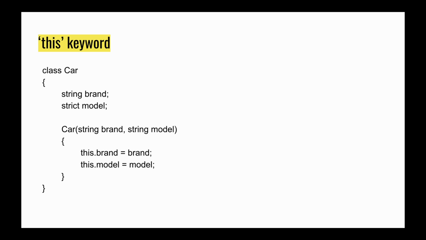And to distinguish parameters and class fields, we could add the this keyword. The first part, this.brand, means that the brand is a field of the current class, not the name of the brand parameter. You can also access any field or method using the this keyword.